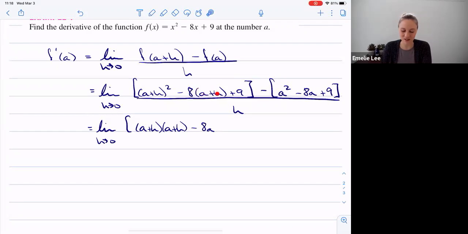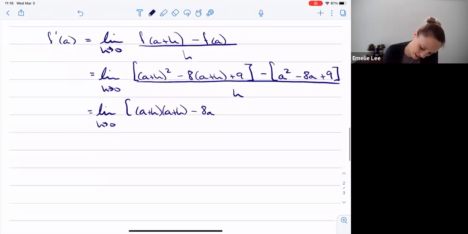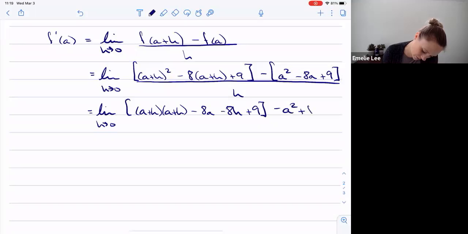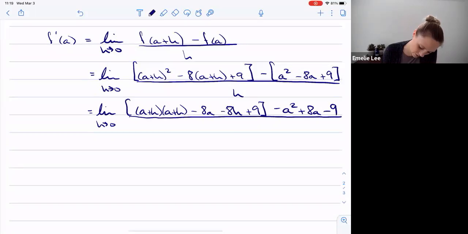I'm going to expand this -8 inside here, and then I'm going to expand this negative inside f of a. So I get -8a minus 8h plus 9 minus a squared plus 8a minus 9. Being careful to expand that negative across the board here.